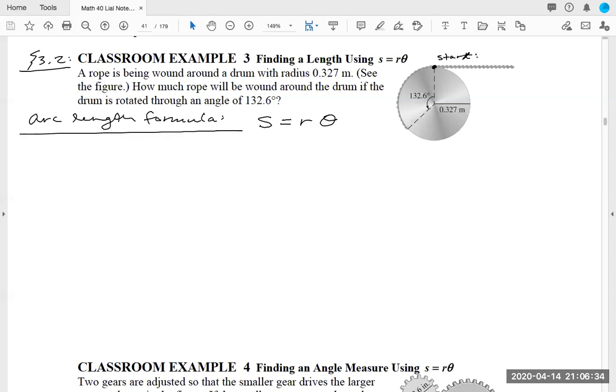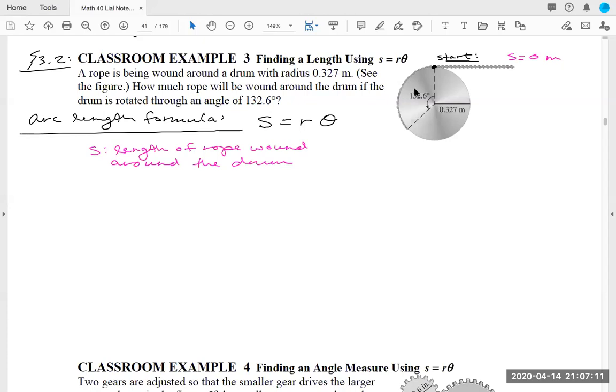The amount of rope wound around the drum is actually given by S. When we start, S is equal to 0 meters.